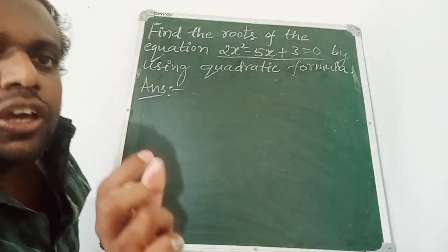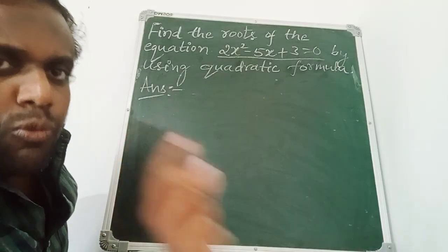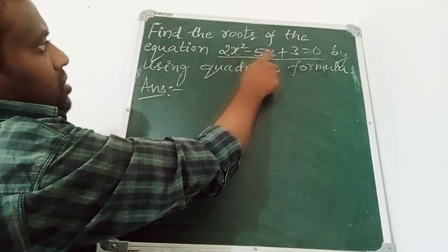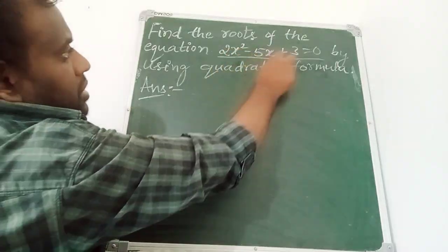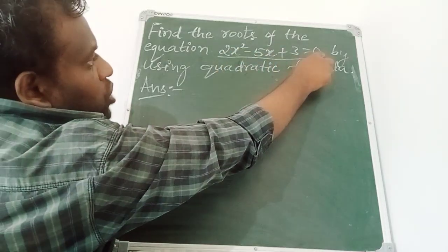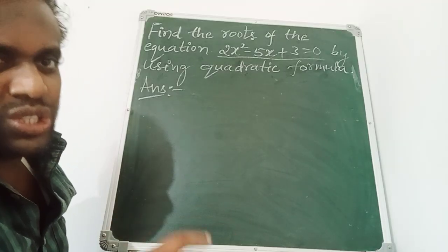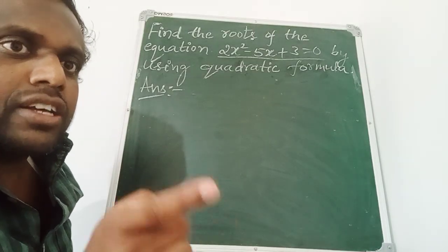That means if you substitute some value or values in place of x and simplify, the result should be equal to 0. Those x values are called roots. Roots are also called zeros.